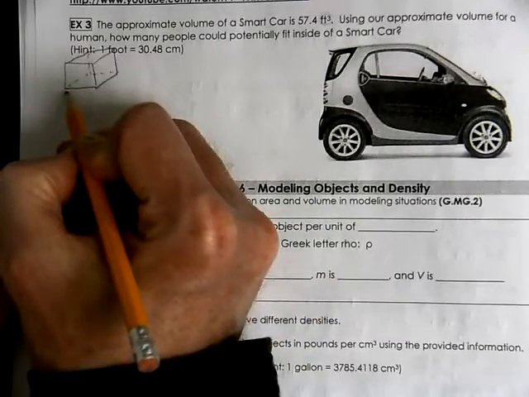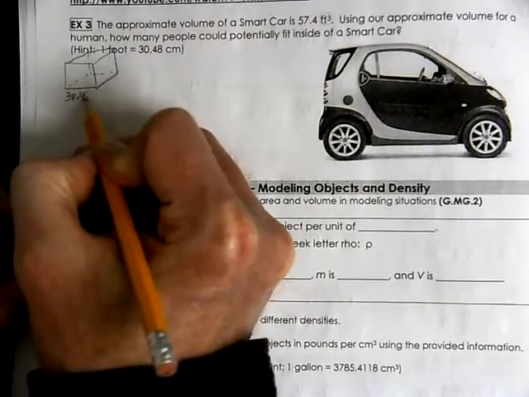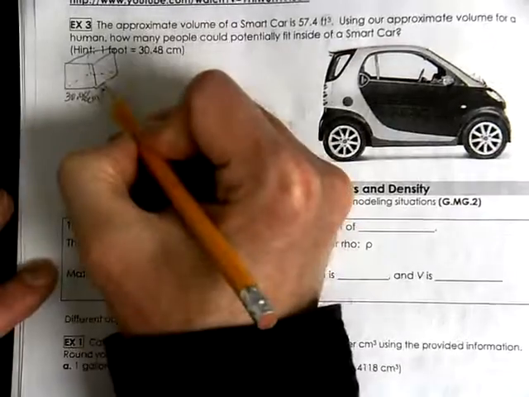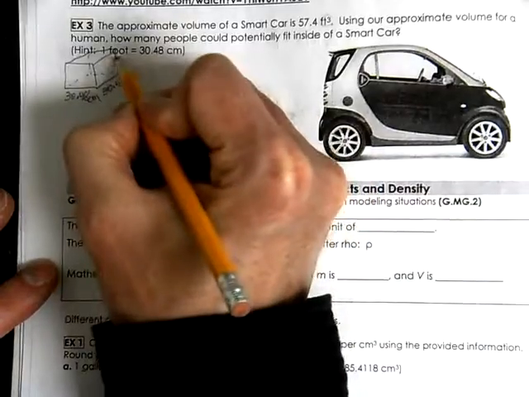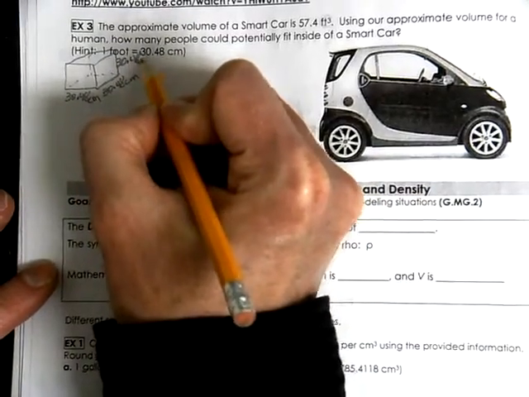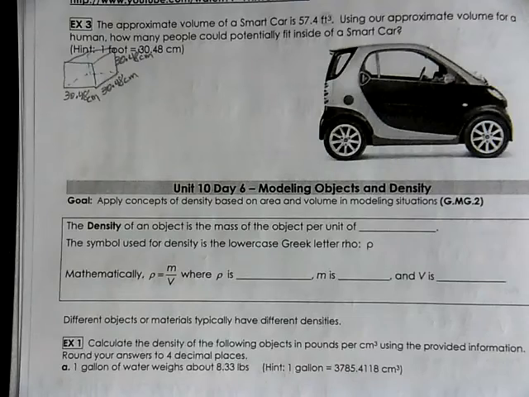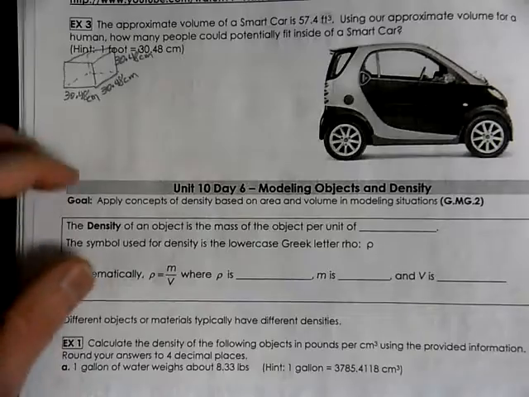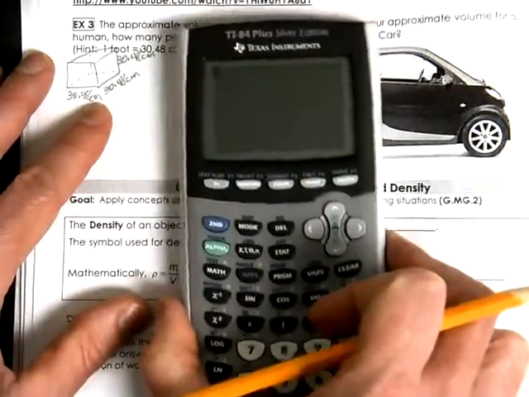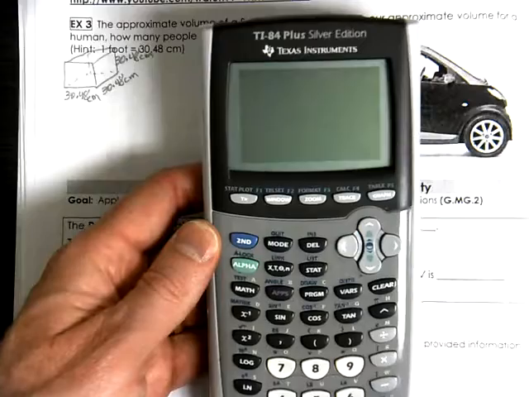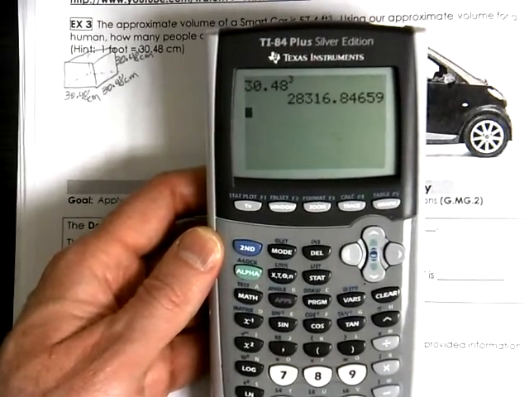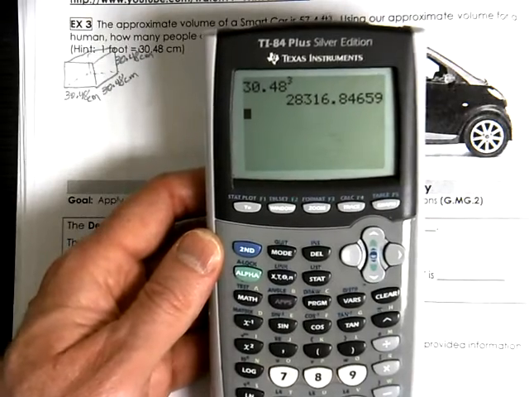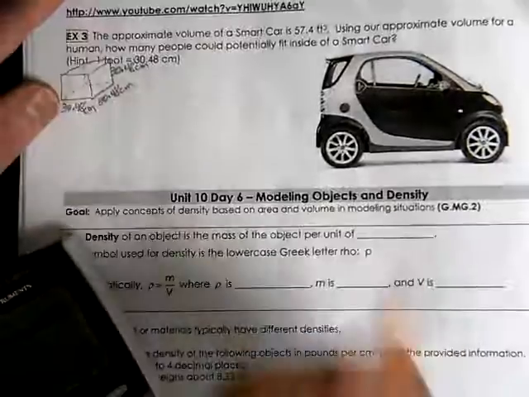But if it takes 30.48 centimeters to be one of the dimensions, or each of the dimensions, it's going to be 30.48 cubed to figure out how many cubic centimeters are in 1 cubic foot.